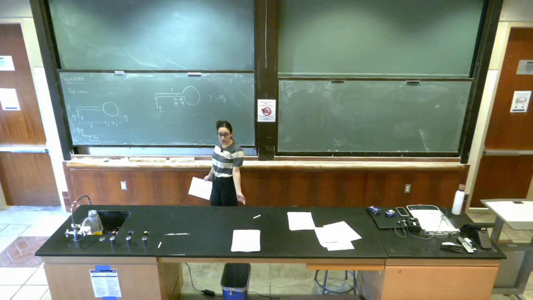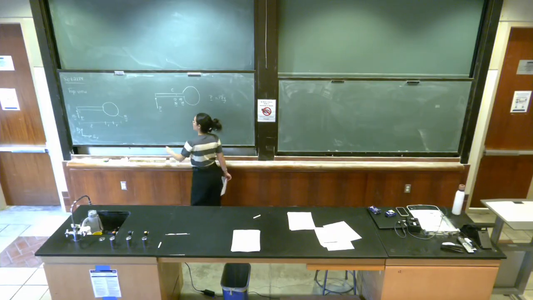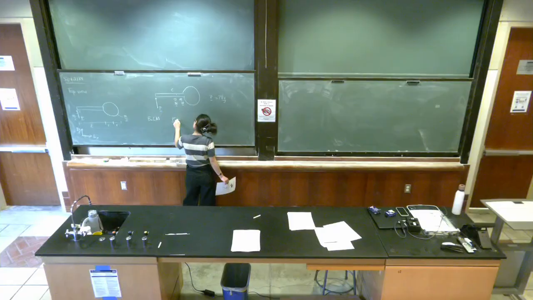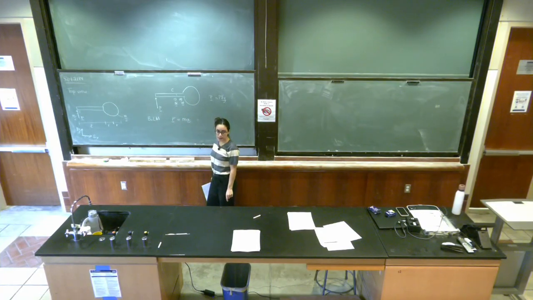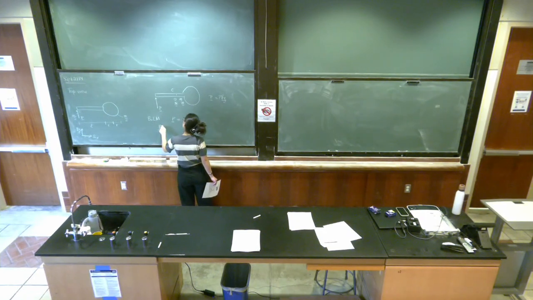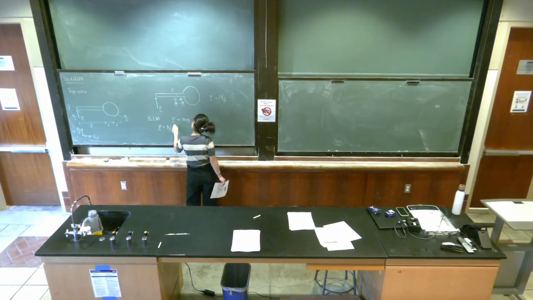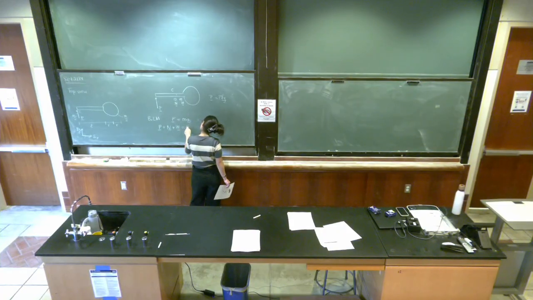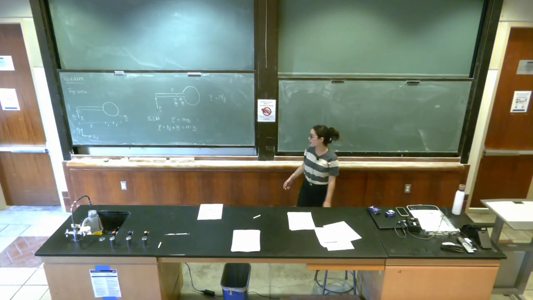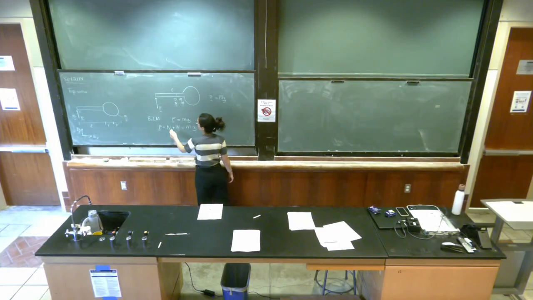How do I calculate the acceleration of the center of mass? I'll use the balance of linear momentum, F equals M A_C. I'll add all the forces. Any simplifications here? Yes, exactly. Why do the normal and the weight cancel out?